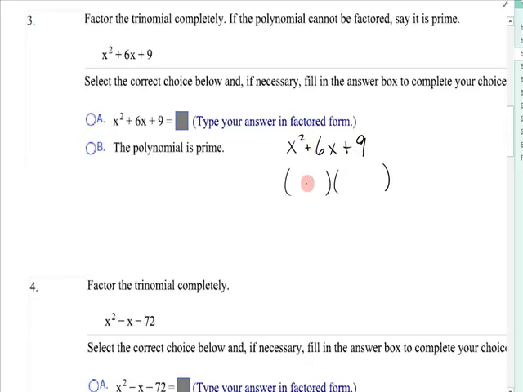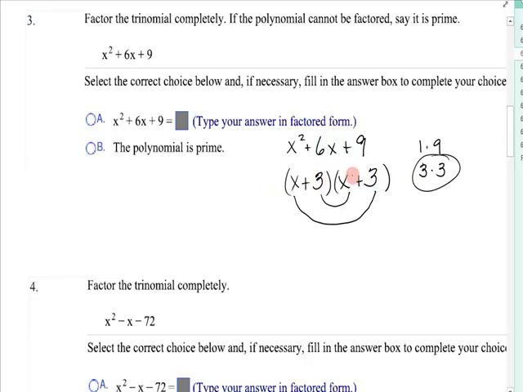Middle term tells you which one. It's plus plus. I know I needed x times an x to give me x squared. The factors of 9. Is it 1 times 9 or is it 3 times 3? Well, the outer plus the inner have to add up to be 6. So I hope you can tell that it needs to be 3 and 3.